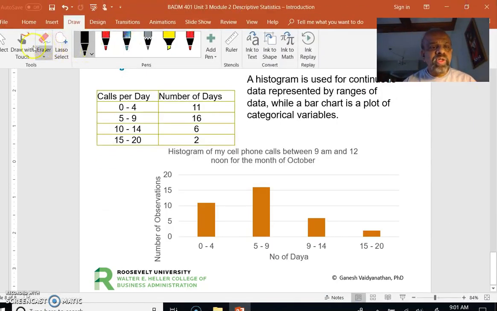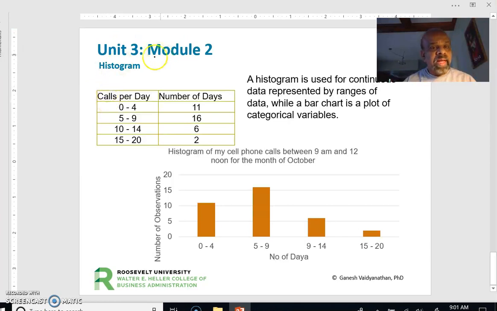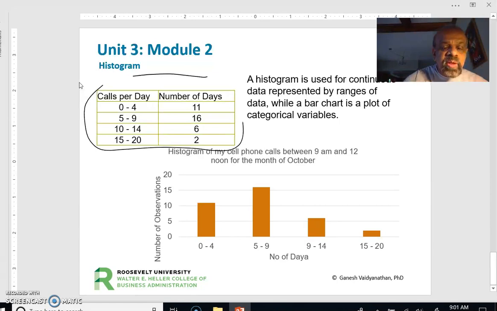The way that histograms are done is that I'm going to take the original frequency distribution that we came up with, different bins, and then number of days, which totals up to 35 days, right? So a histogram is used for continuous data representation. Okay, and how we do that.